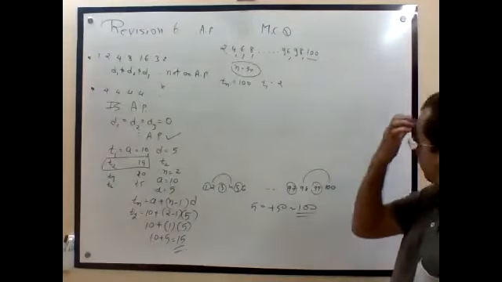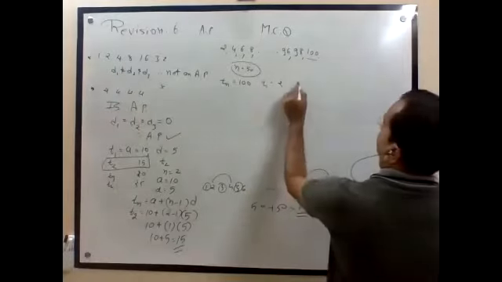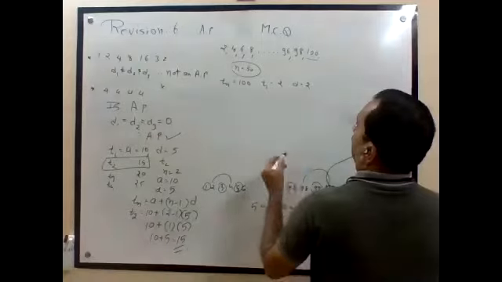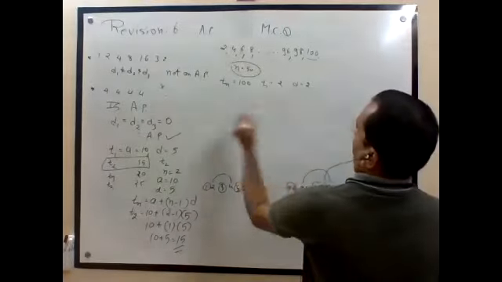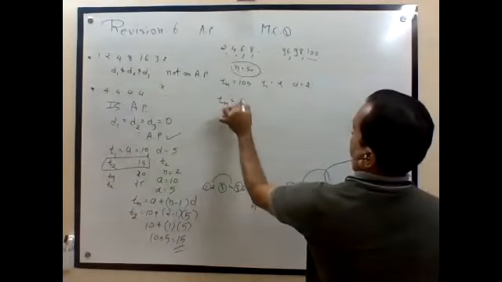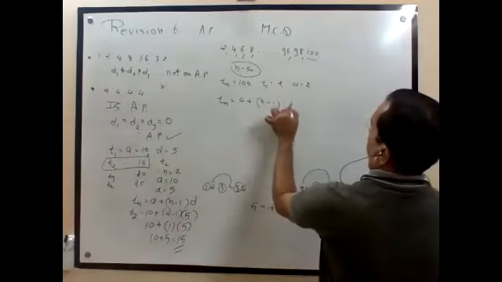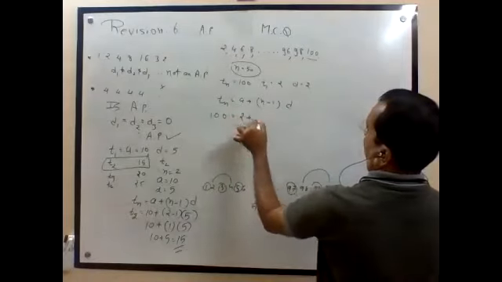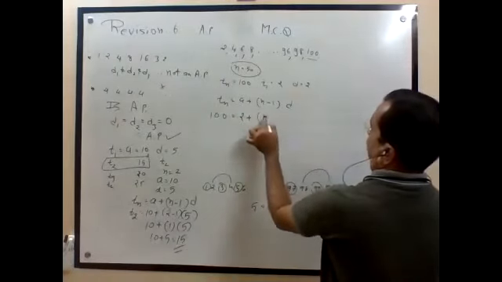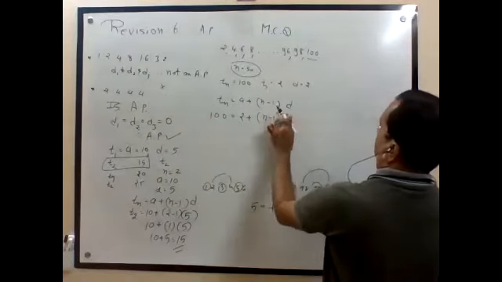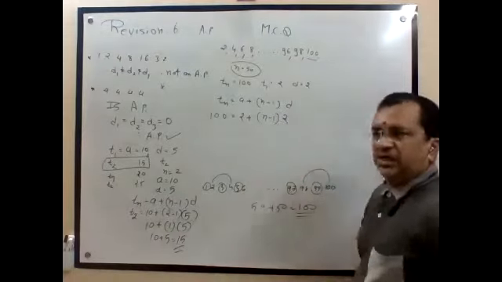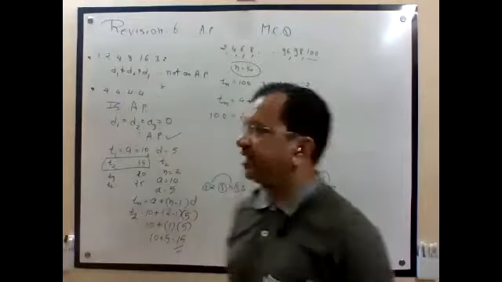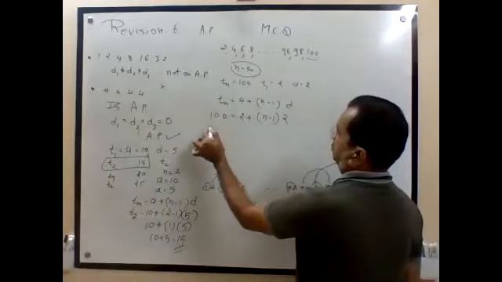So difference is equal to 2. Correct. So Tn is equal to A plus n minus 1 D. Tn, last number, is given as 100. First number is known. Total we don't know. Difference we know. In the equation, when you have to find n, don't open the bracket. So this goes this side.